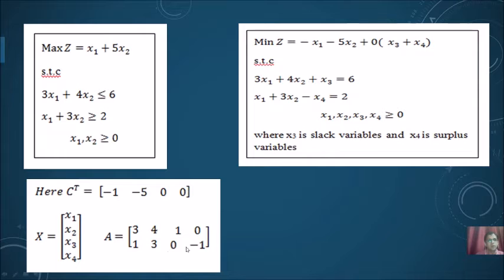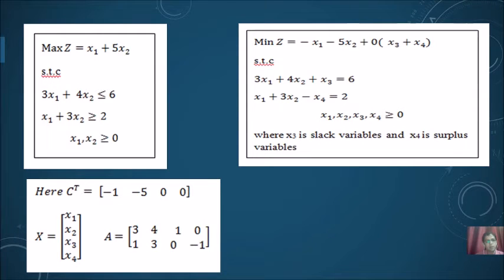Right now only one unit vector, that means the P3 associated with variable x3, is there, but we have no second variable. Since m is equal to 2, the basis will need two variables. Right now only one variable is present in the basis, and therefore we need to now augment the problem.